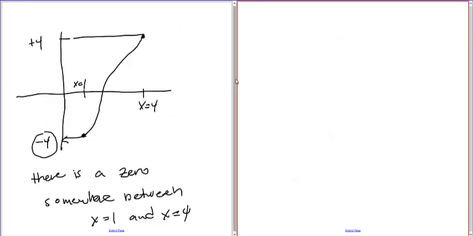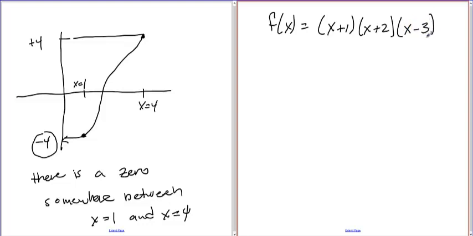So I'm just trying to think if I can give you an example of something like that. Well, let's make up a problem where we know where the 0 is by making it in factored form. So you can see I've got zeros: a 0 at x equals -1, a 0 at x equals -2, a 0 at x equals 3.